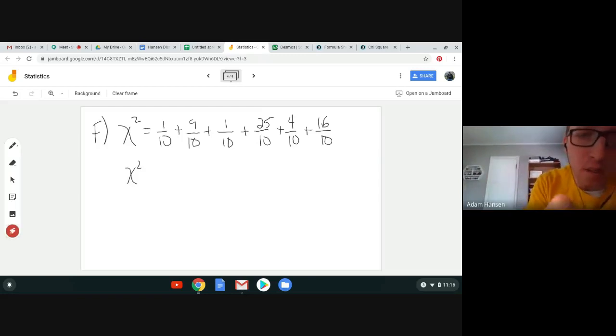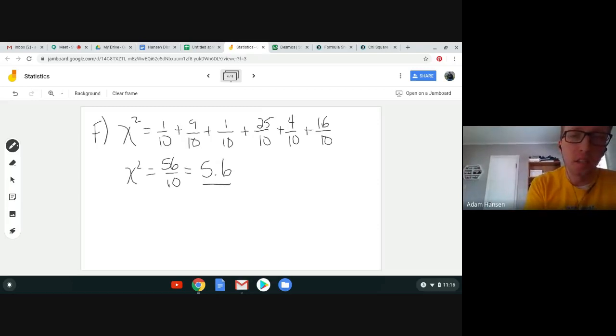Since these all have a common denominator, we can add them all up. 16 plus 4 is 20. Plus 25 makes 45. This would be 56 tenths, or 5.6.